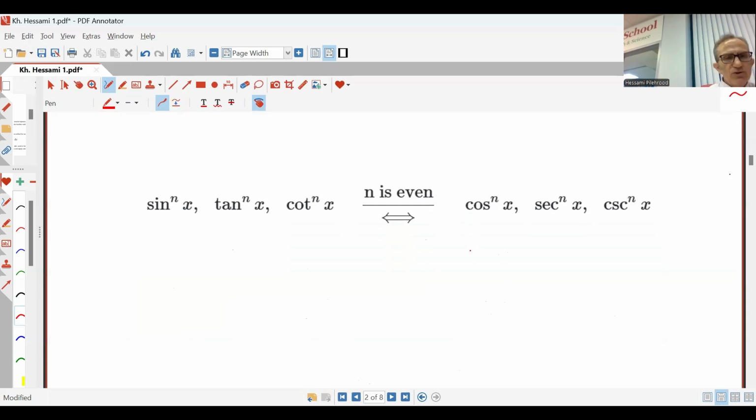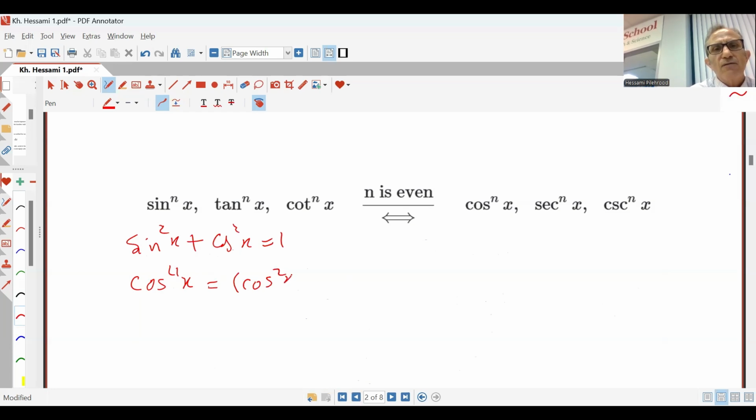For example, using the first Pythagorean identity, sine square of x plus cosine square of x equals 1, we can write cosine to the power of 4x in terms of sine in this way.